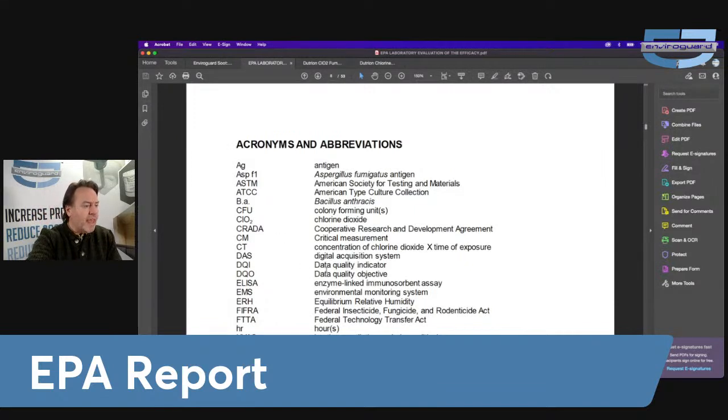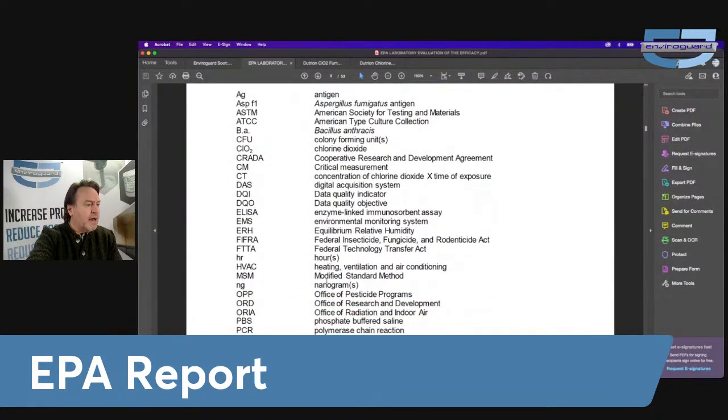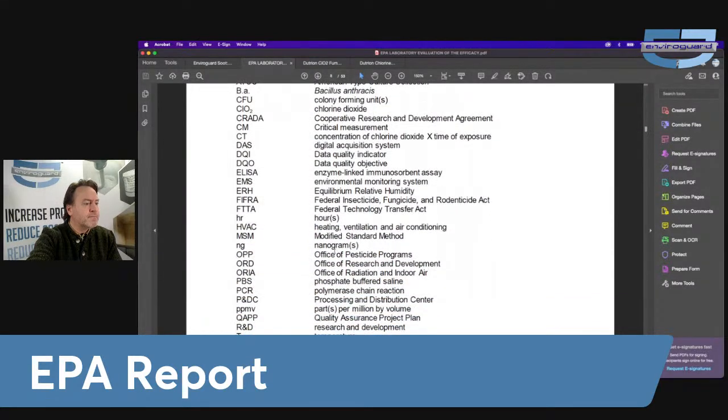A couple other things you probably want to pay attention to: NG for nanograms. When we get over to the allergen side, is it the allergen side or mycotoxin side? I think it's the allergen side, but we'll see.